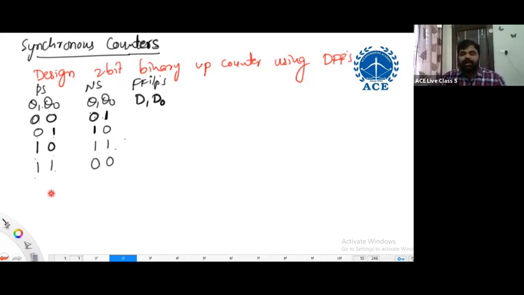Assuming ourselves sitting at the clock edge occurrence, looking at the counter: before occurrence of the clock edge, what we have is the present state. After occurrence of the clock edge, what we have is the next state. We want to get the next state. To get the next state, I need to provide the inputs. If I provide the expected input at this clock edge occurrence, only then is it possible to see the next state we are expecting.